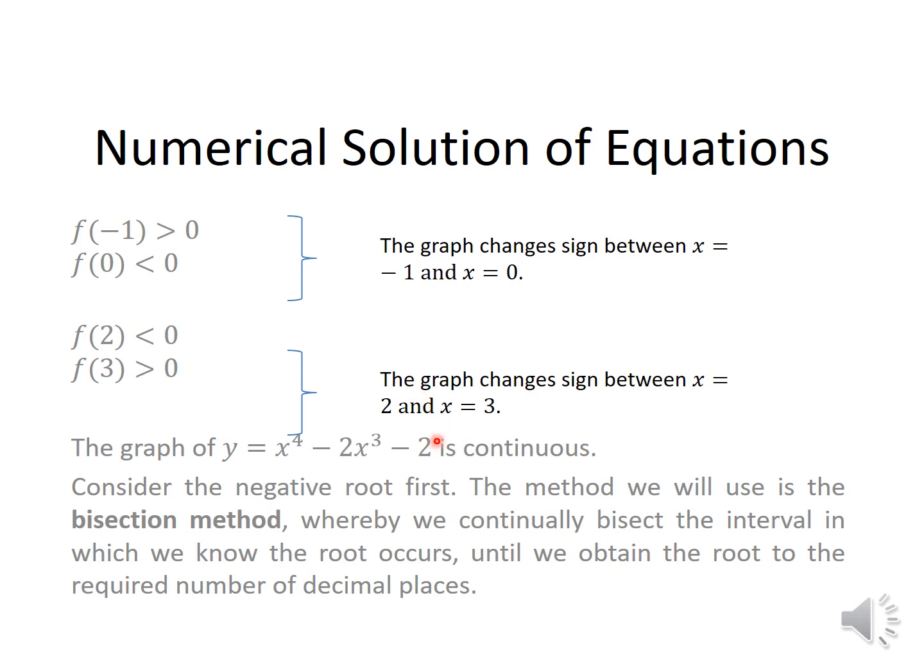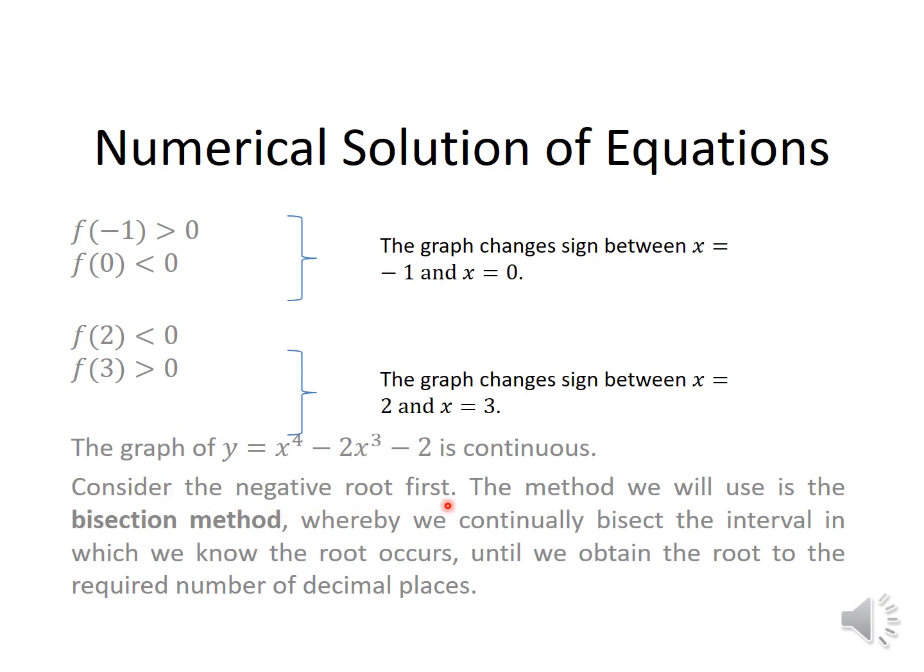And for the second root, the graph changes sign between x equal to 2 and x equal to 3. So for f(2), the value is negative 2. And f(3) is positive 25. Meaning that the sign changes from negative value to positive value.